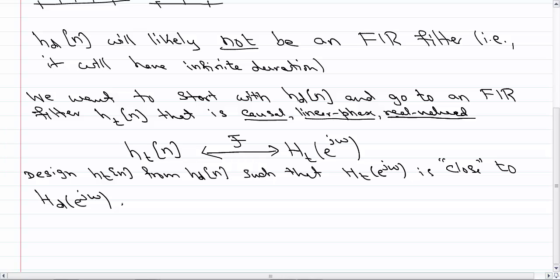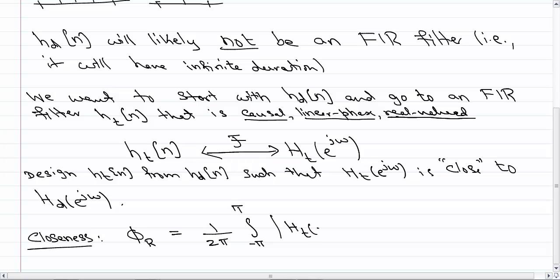Now, how do we measure closeness? The way we measure closeness is using the mean squared error formula. So we define closeness, let's call it epsilon, as 1 over 2 pi times the integral from minus pi to pi of the absolute value squared of H_T of e to the j omega minus H_D of e to the j omega, d omega.